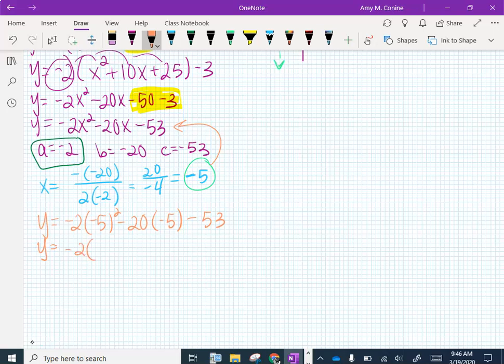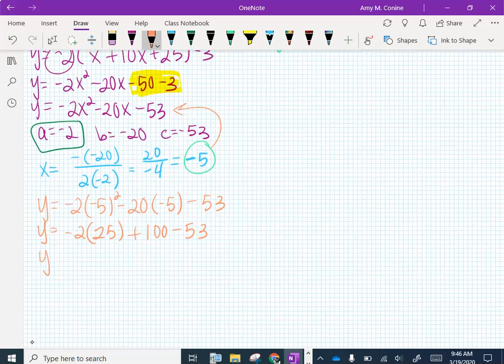So negative 5 squared is 25. This becomes positive 100. Again, if you have a calculator, you can do this. It's no big deal. I'm just showing all of my steps so I know where all my numbers came from. Negative 2 times 25 is negative 50.